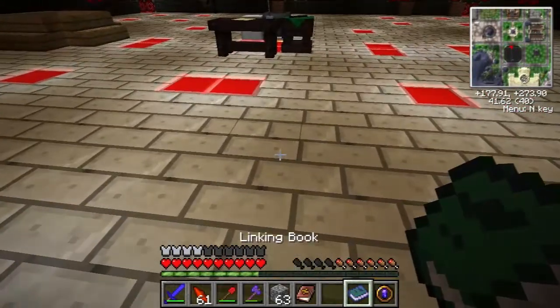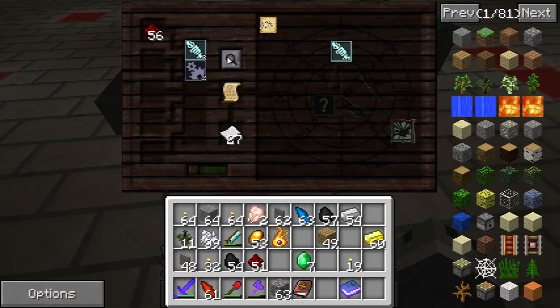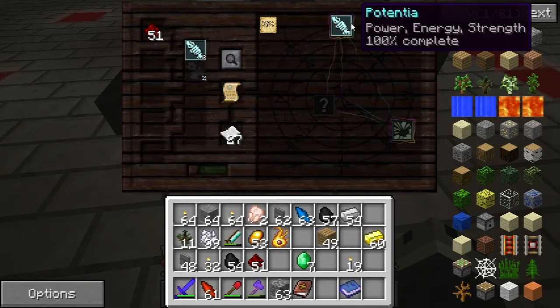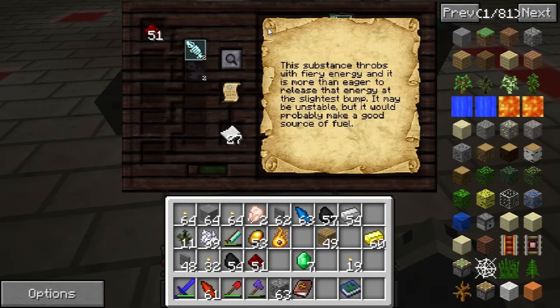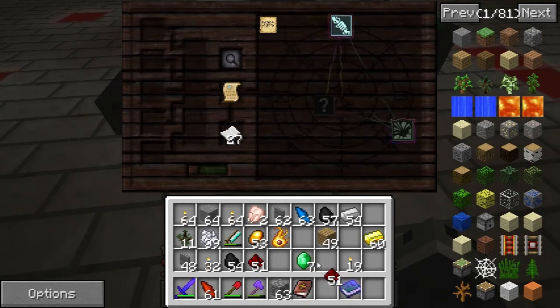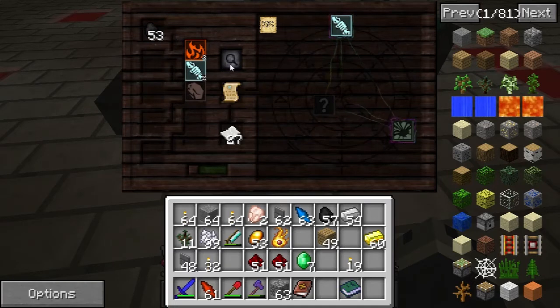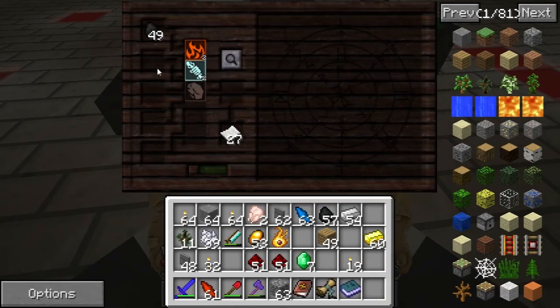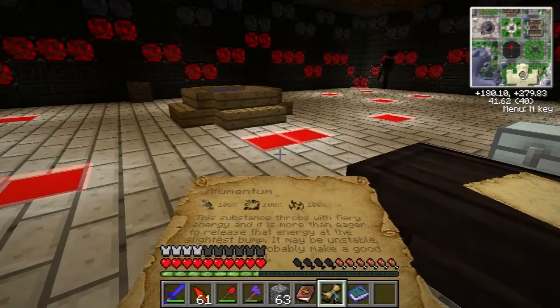I want to keep trying to do some research. See, I really hope this is that blue thing this time. Power, potentia. The substance throbs with fiery energy. Okay, apparently it has nothing to do with coldness. It said fiery, so I'm going to assume it needs igneous. Did it? Aluminium.